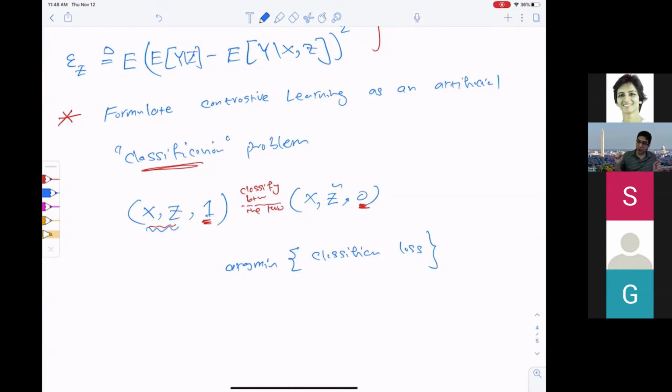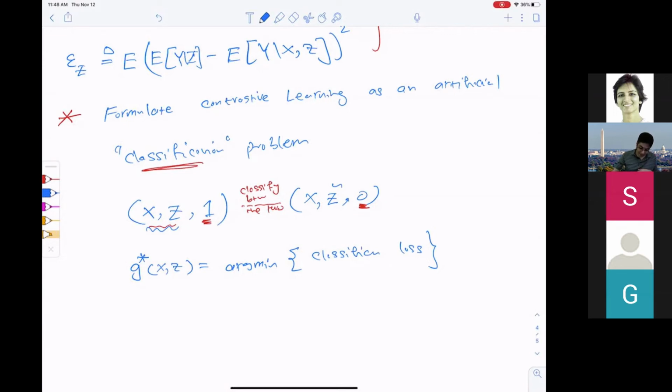So the optimal classifier would be a function of X and Z. That's something that we call G star, X and Z. Now, if I train this optimal classifier, and you give me two pairs, and if the output is closer to 1, then I'll say, okay, good, that comes from similar views. If they're different, it should output 0.